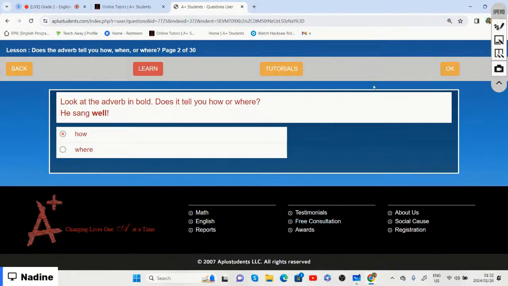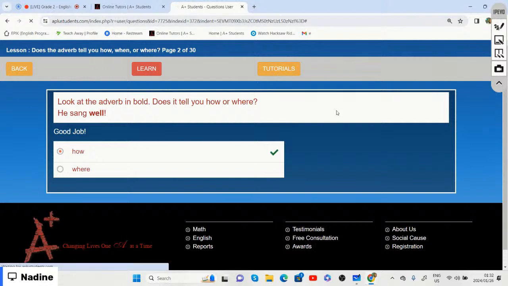I sang very well. All right. So now we need to look at the adverb in bold, which is well. And we said how.